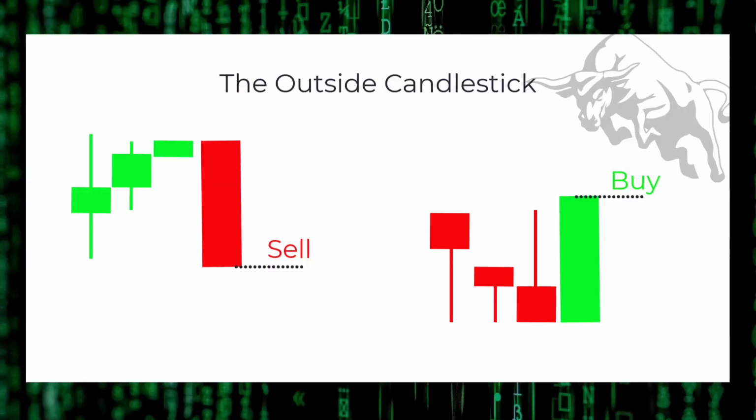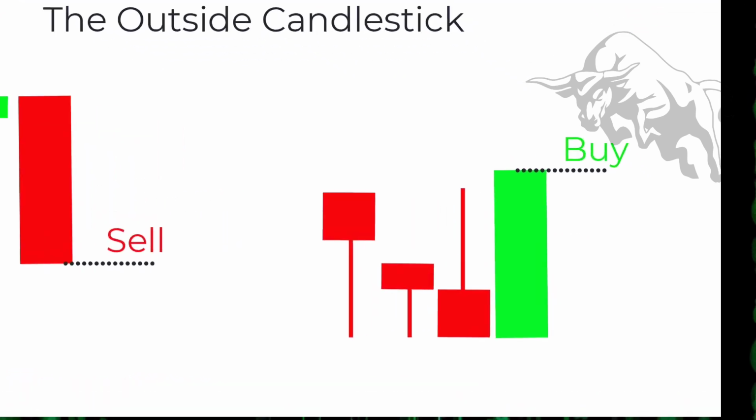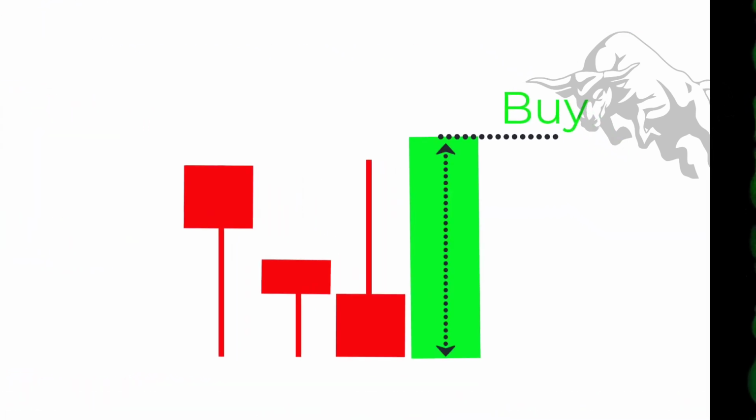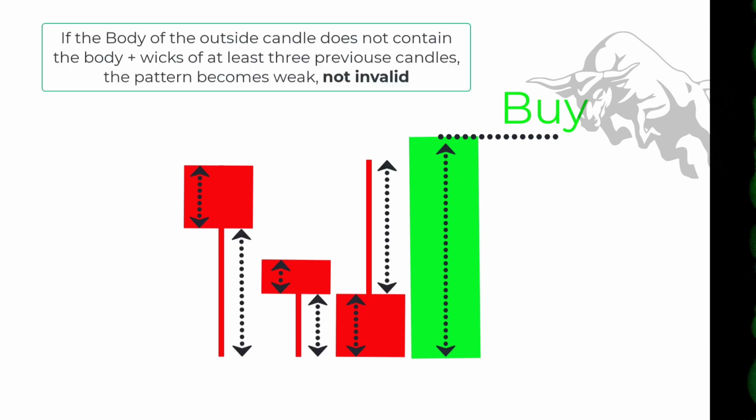The higher the number of the previous candles that are contained within the length of the outside candle, the better. Actually, let me rephrase that in a better way. If the body of the last candle does not contain the body and wicks of at least 3 candles, then it won't be tradable.